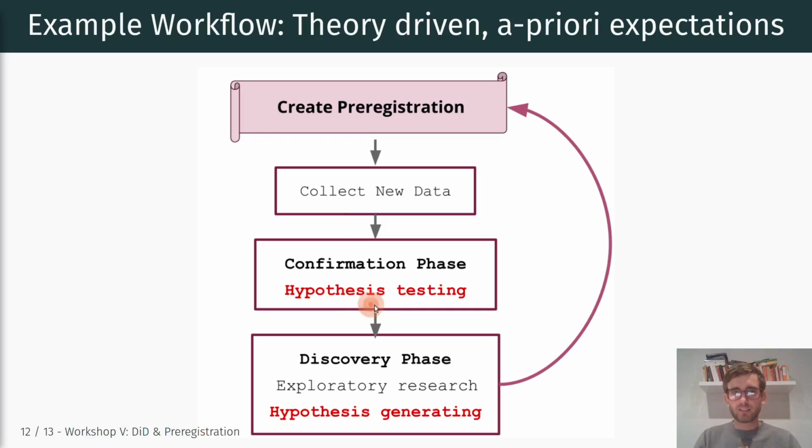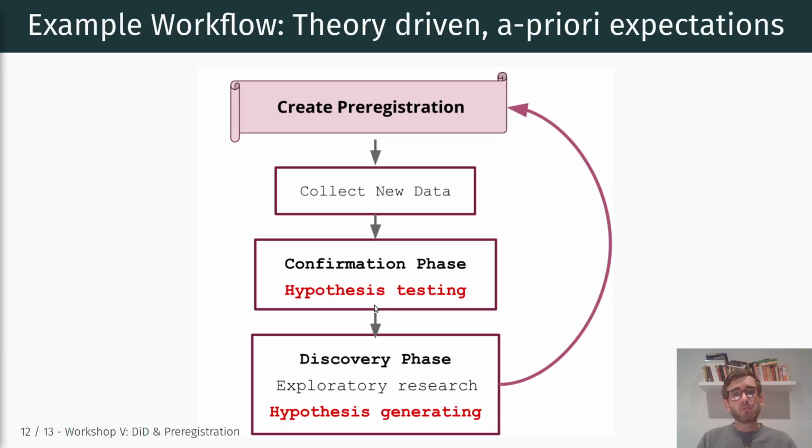Then we're in this confirmation phase. We're testing the hypotheses that we specified before based on the models that we specified before, and then ideally write a paper and publish that paper that presents the results, regardless of the statistical significance of our findings.